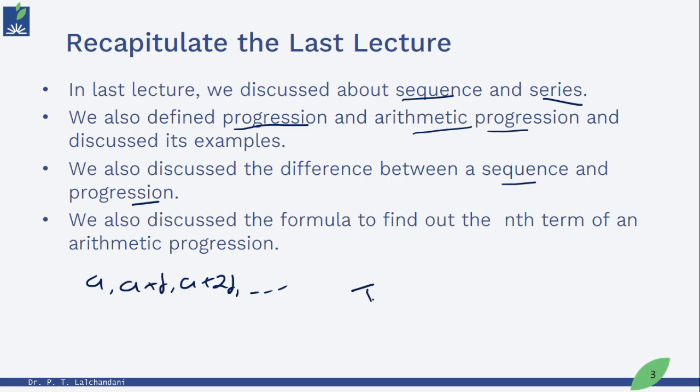The nth term of the arithmetic progression is given by a plus n minus 1 times d. If you know the first term and the consecutive difference, then you can easily find any term of a given arithmetic progression. This is what we discussed in the last lecture.